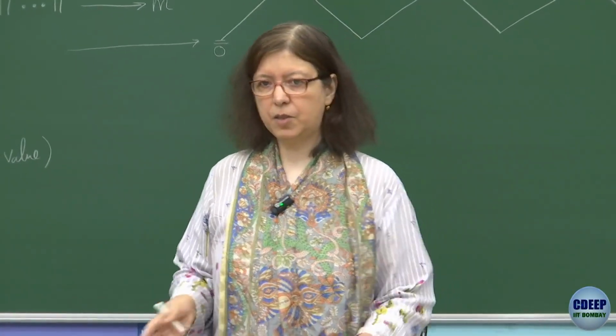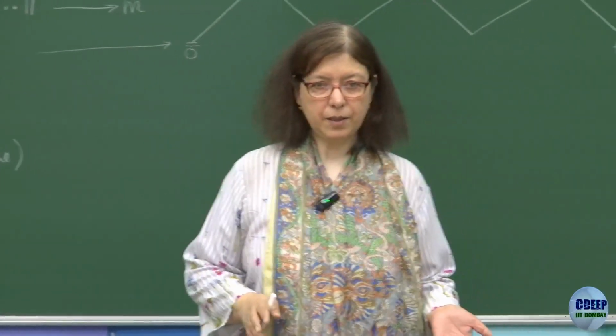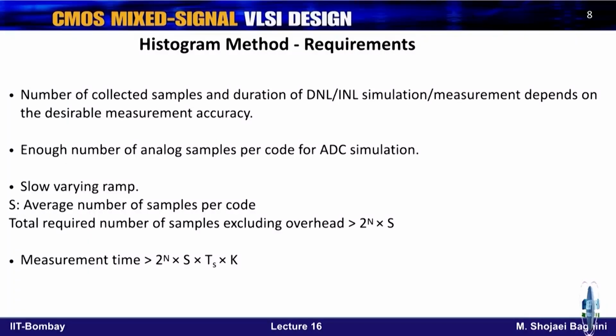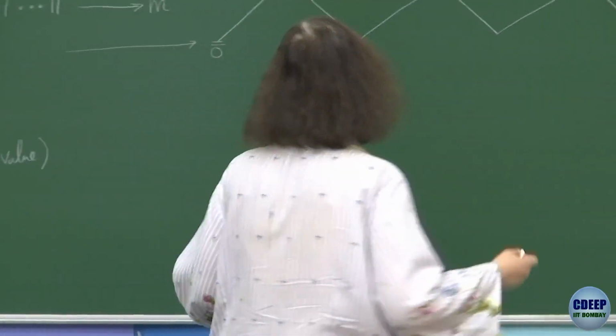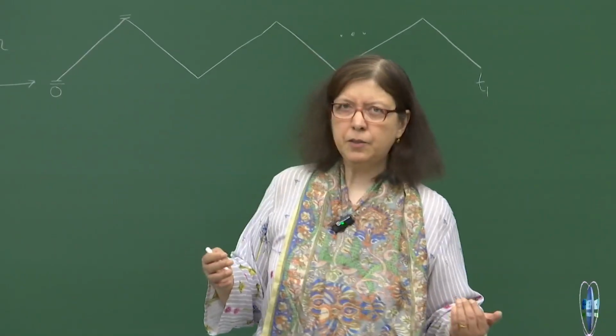S is the average number of samples per code, then we have the sampling clock period, and K is the factor by which we reduce the frequency so that we are able to store them.